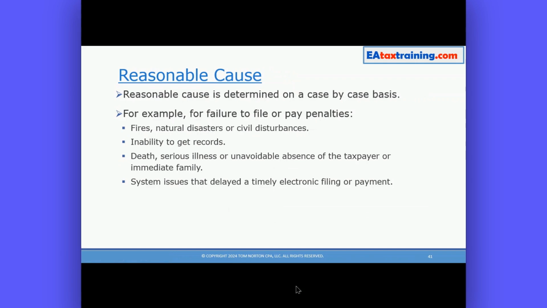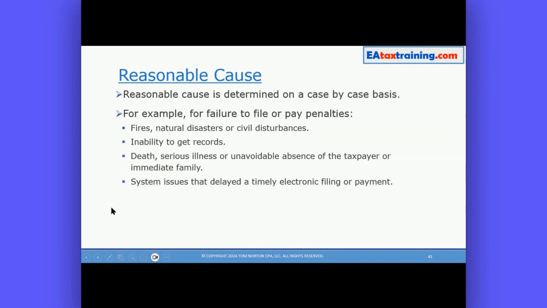Reasonable cause. Reasonable cause is determined on a case-by-case basis. Some examples are, again, a fire or a natural disaster or a civil disturbance. If the taxpayer is unable to get records for some legitimate reason, due to a death or serious illness of the taxpayer or of a family member, or if there were system issues that delayed a timely electronic filing or payment.